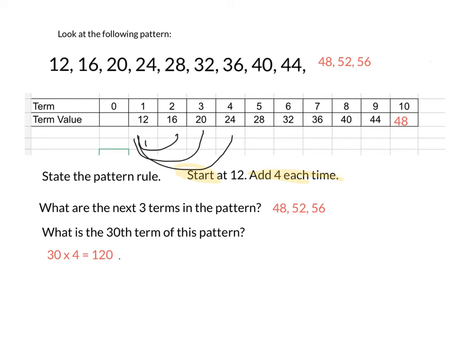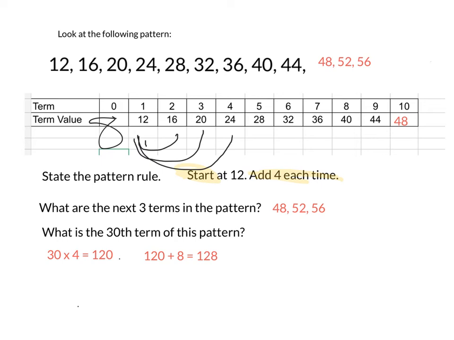And term 0 is simply, if we subtract 4, because that's what's happening here, obviously term 0 is going to be 8. So now we are going to add 8 to 120, and 120 plus 8 is 128, and that's how we solve finding the 30th term.